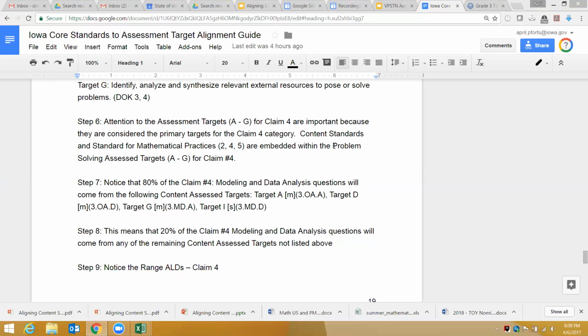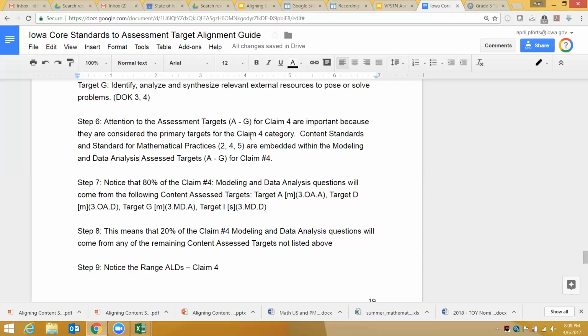Actually, I want to say that it's not supposed to say problem-solving here. That is actually supposed to be modeling and data analysis. That caused me pause because I thought, oh wait a minute, problem-solving would have been Claim 2.